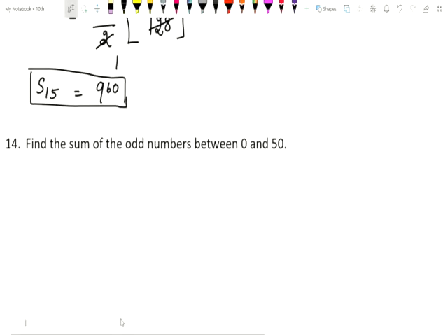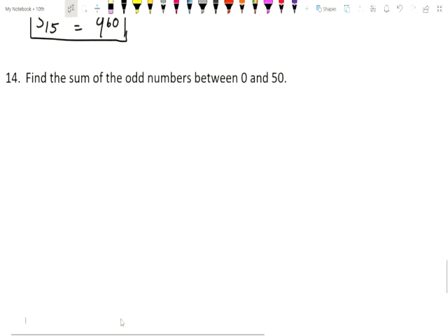Find the sum of the odd numbers between 0 and 50. Sum of the odd numbers between 0 and 50. Okay. First you write the odd numbers, children.